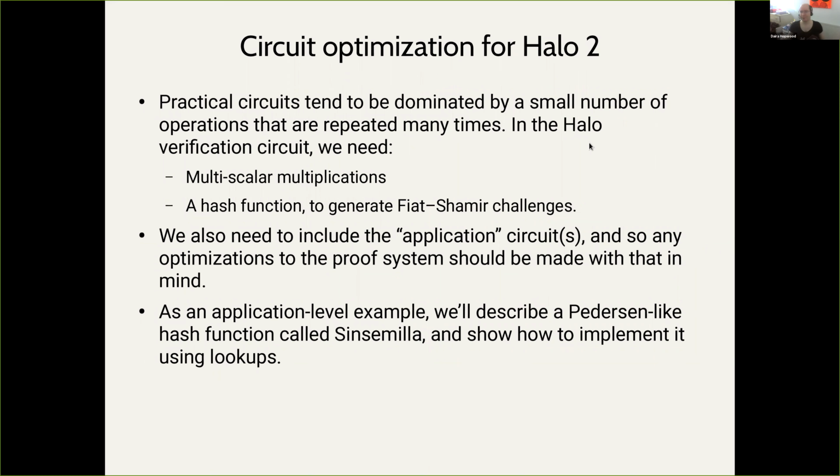And we will also need to support application circuits. So in each step, we have a recursive verification, and we also need to prove something else. So in a blockchain example, we would need to prove that, say, a proof of work was valid or that transactions were valid.